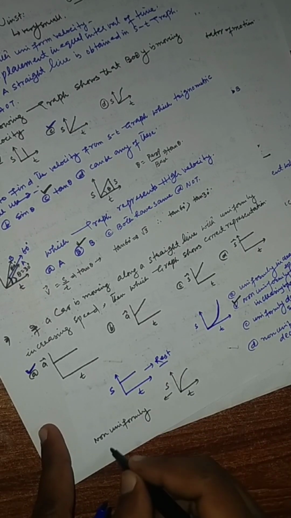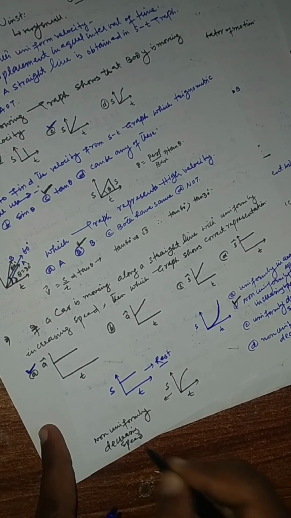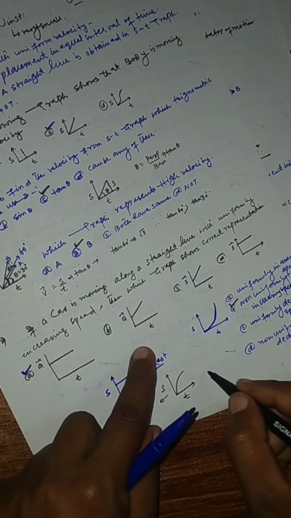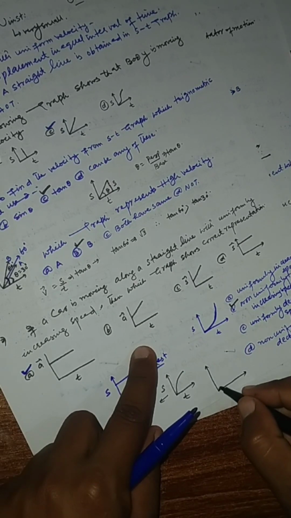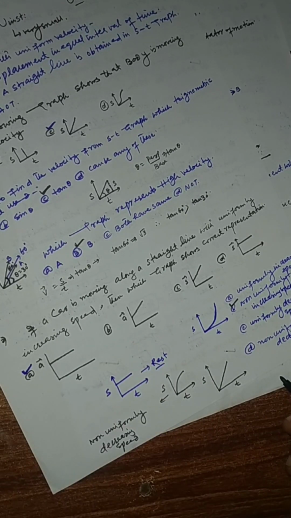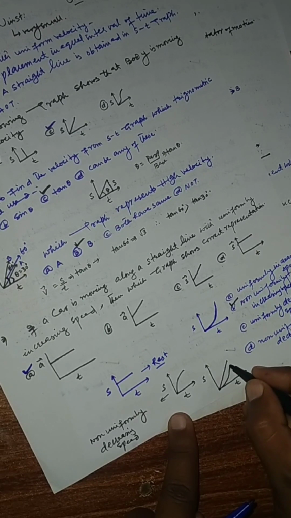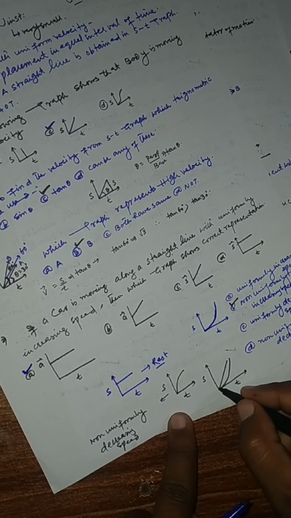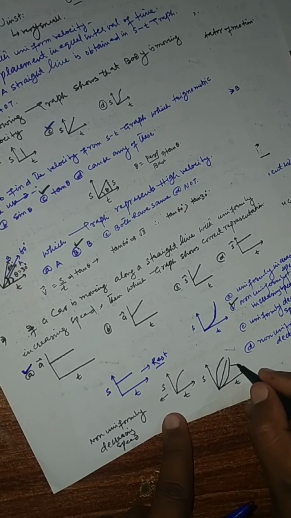Non-uniformly decreasing speed or velocity. If the line is straight like this, there will be uniform velocity. If like this, it will be increasing but non-uniformly, and if like this, it will be decreasing.